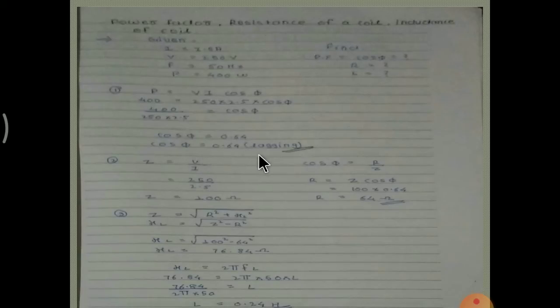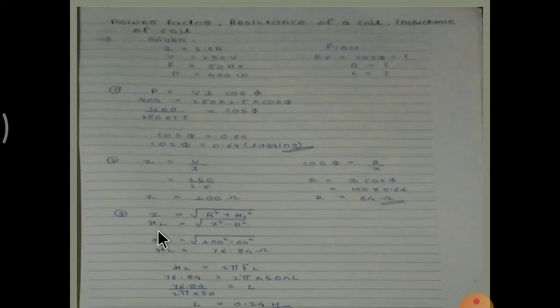Then power factor is lagging because the circuit is an RL series circuit. After that, find out the value of Z. The formula is Z equal to V upon I, where voltage is 250 volt and current is 2.5 ampere. So we got Z as 100 ohm.